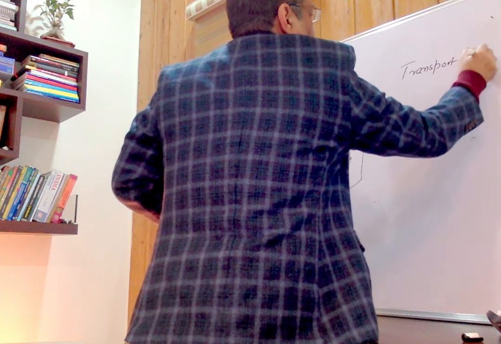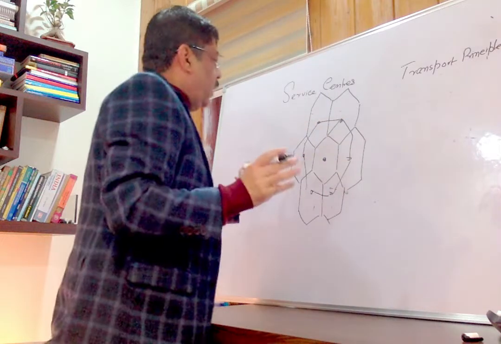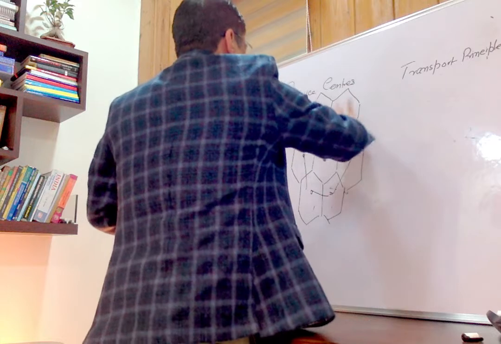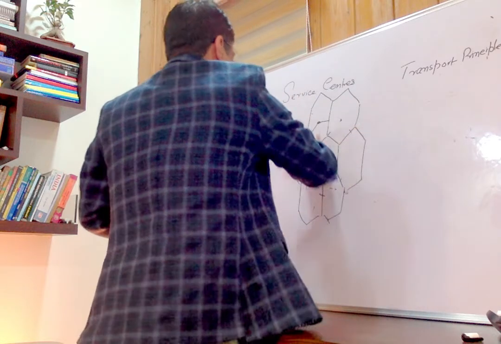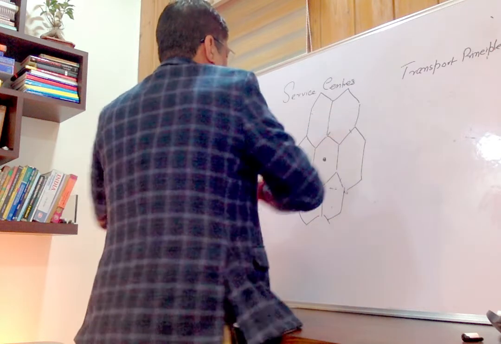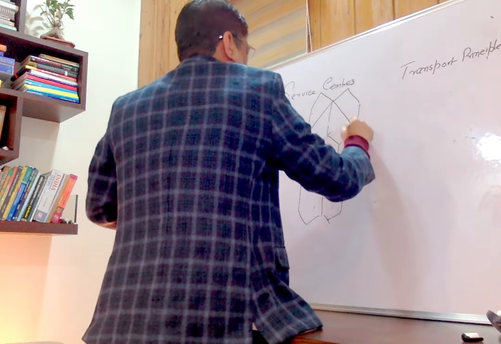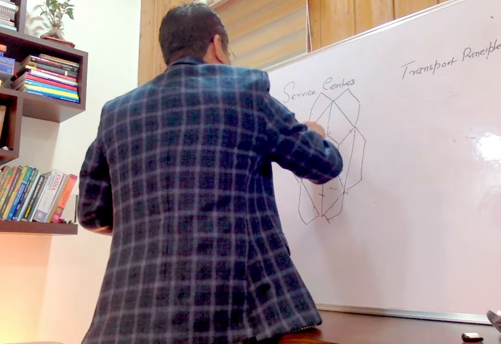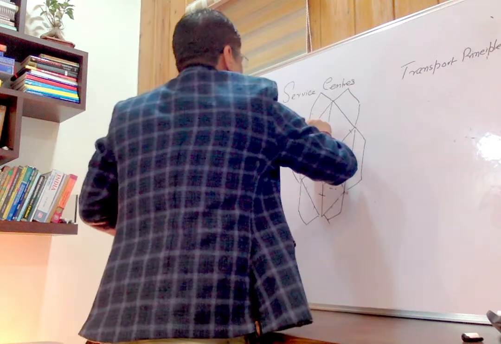According to Christaller, the higher order settlement will serve half of the population of the lower order settlement. So he said that now the hexagon of service will be like this. It is serving half of the next order settlement.